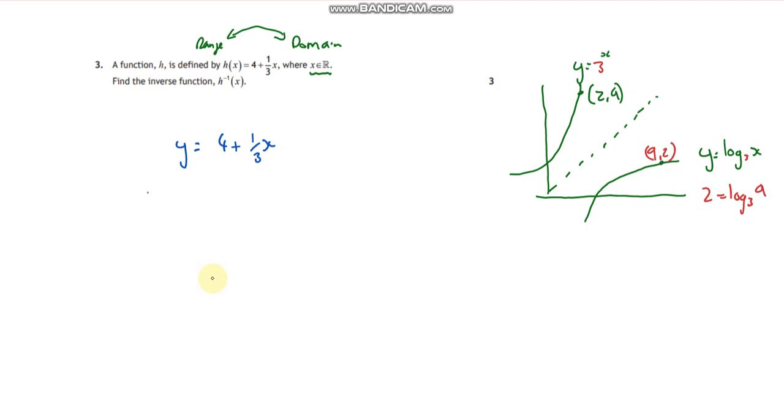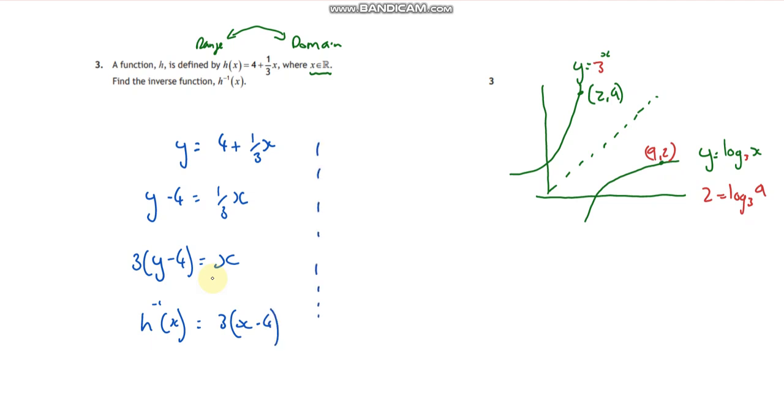So BODMAS in reverse. y take away 4 is a third x. Undo your third by multiplying through by 3, and this is where the difficulty is: you need to realise what you've done. What you've actually worked out by doing that is the inverse function. And we just change y to say x, okay?